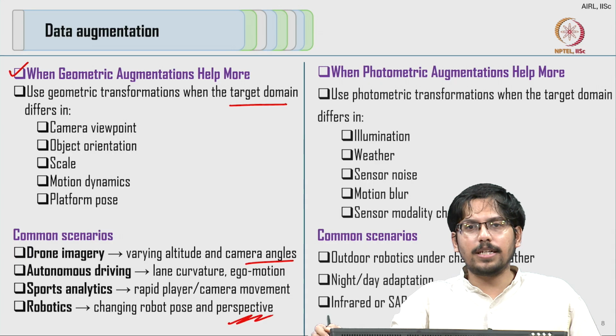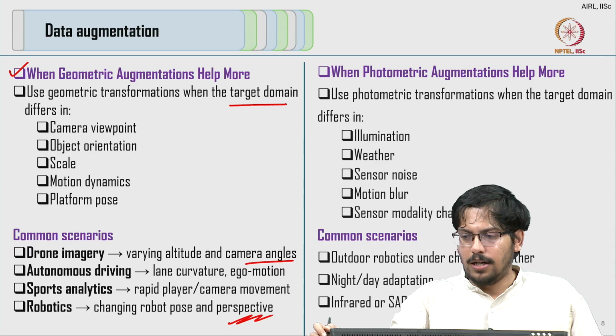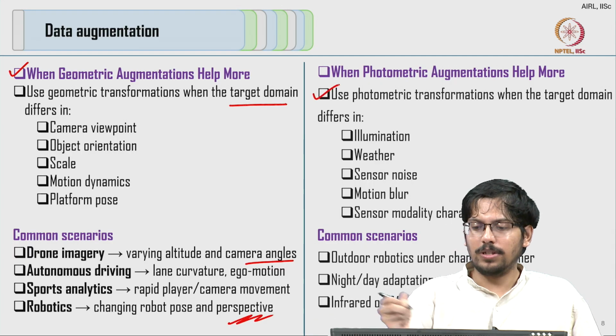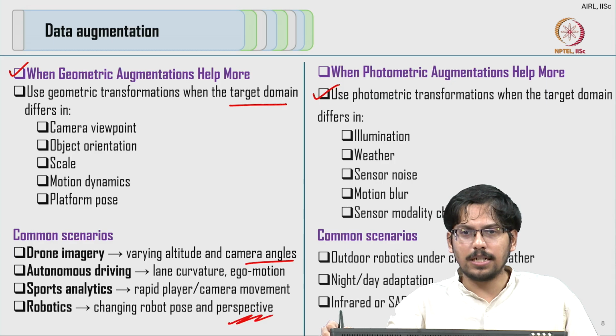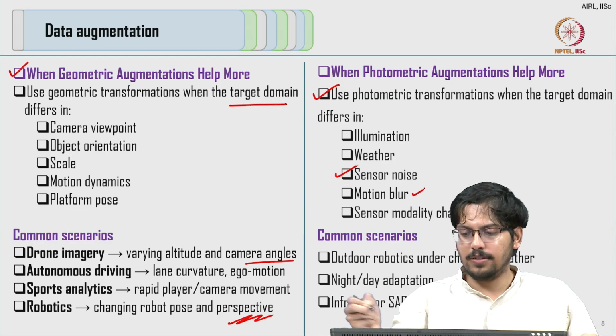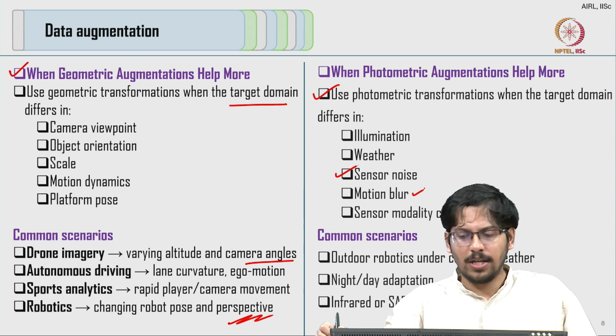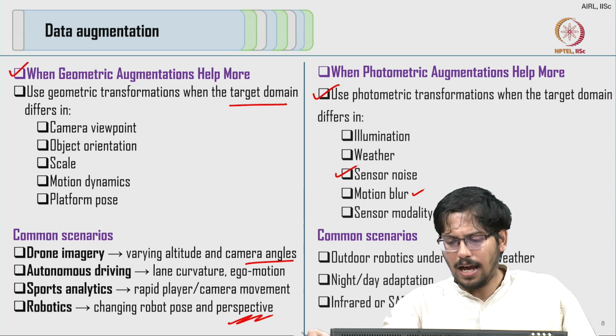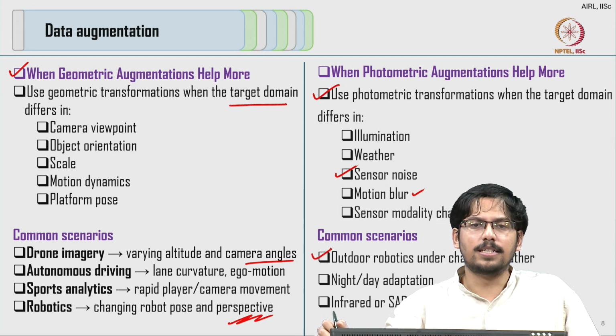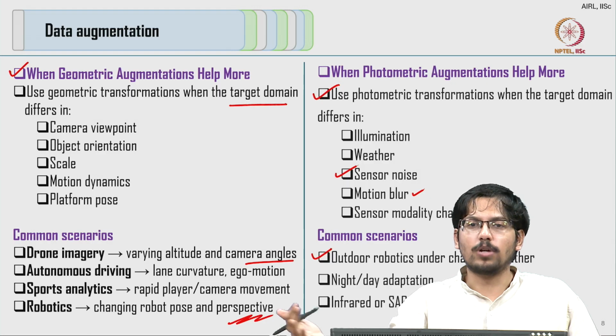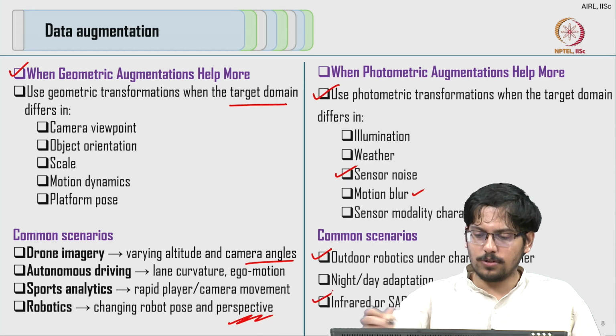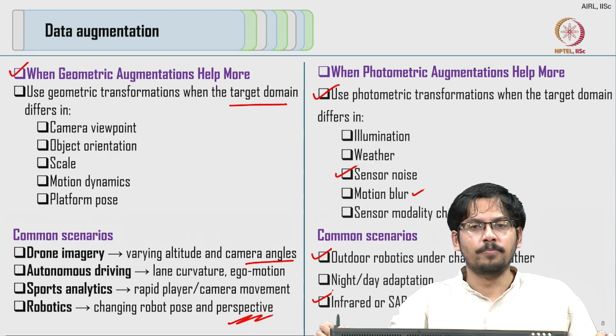For photometric augmentations, they could be used when the target domain has different illumination conditions, different weather conditions, different sensor noise, different types of blur and so on. A common scenario is outdoor robotics, where there is an ever-changing environment. It could also be used for different types of modalities.